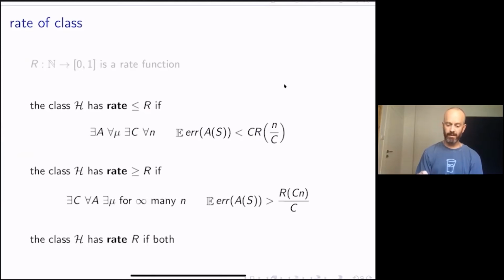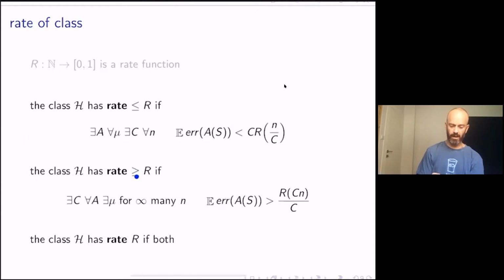But still it tends to 0 at the same rate R. So this is the way we define rate at most R. There is a single algorithm that for every distribution, the expected error goes to 0 like R, with some delay factor that depends on the distribution.